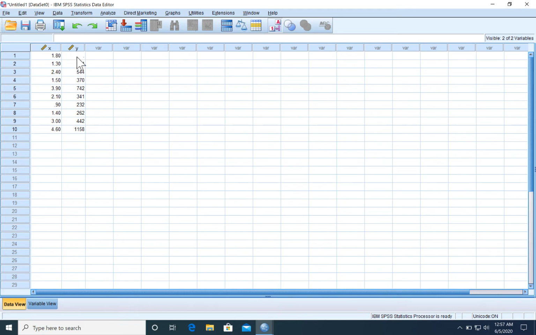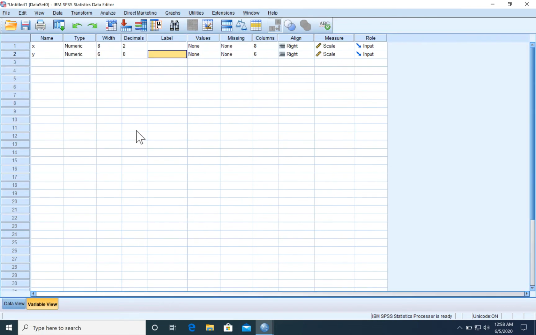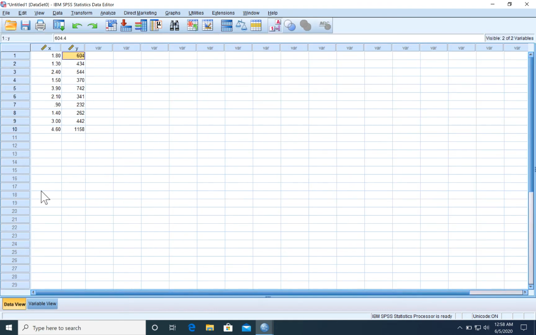And this one is carbon dioxide emissions in millions of metric tons, but I see the first value somehow got deleted, so let me re-enter it. And these are the Y values, again carbon dioxide emissions in millions of metric tons. So we entered the data. These are both on scale level, which is good. So let's go back to the data view.